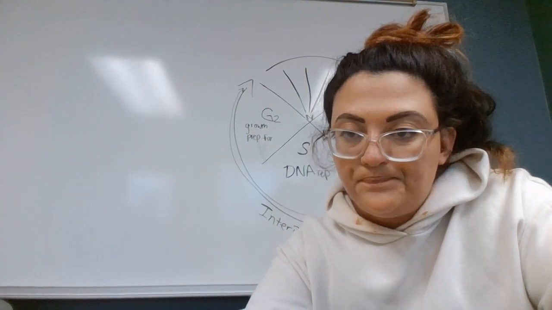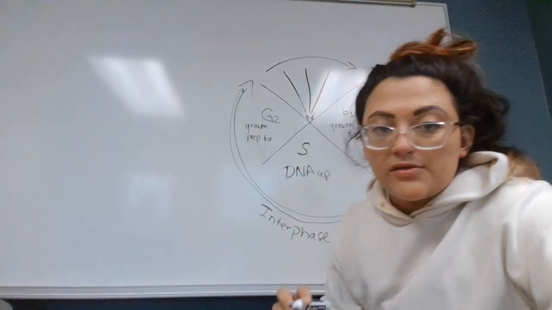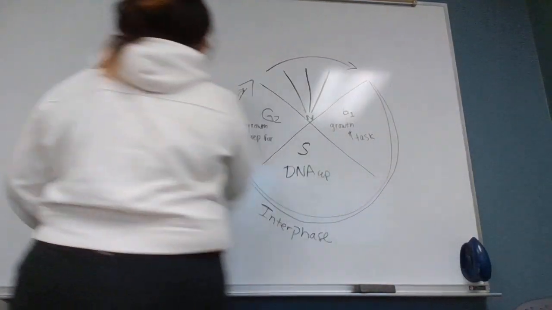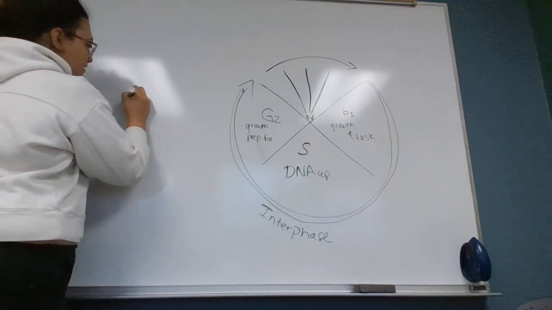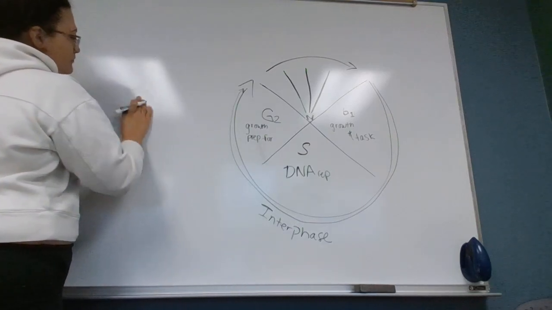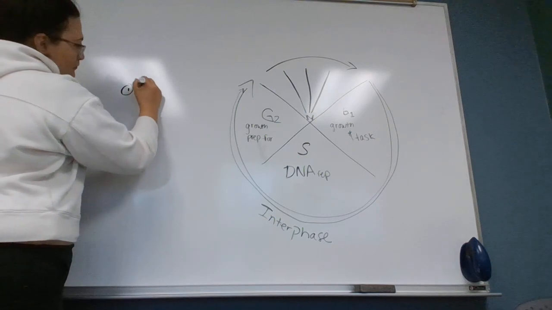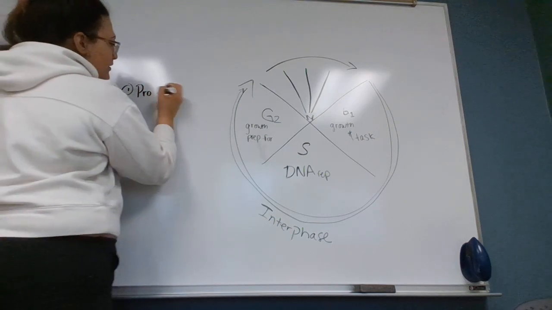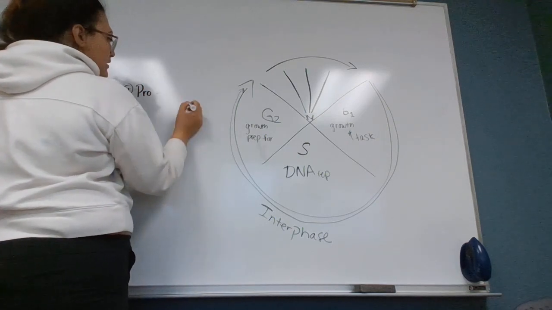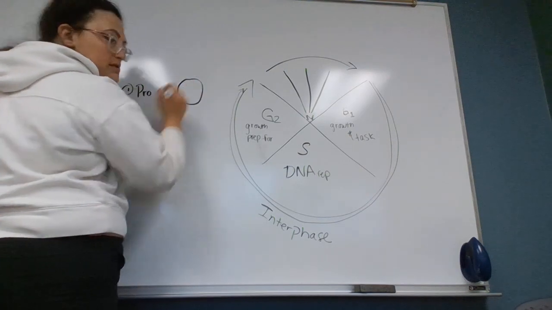The first one is called prophase. This is where the nucleus disintegrates. I'll go ahead and draw it just like that.